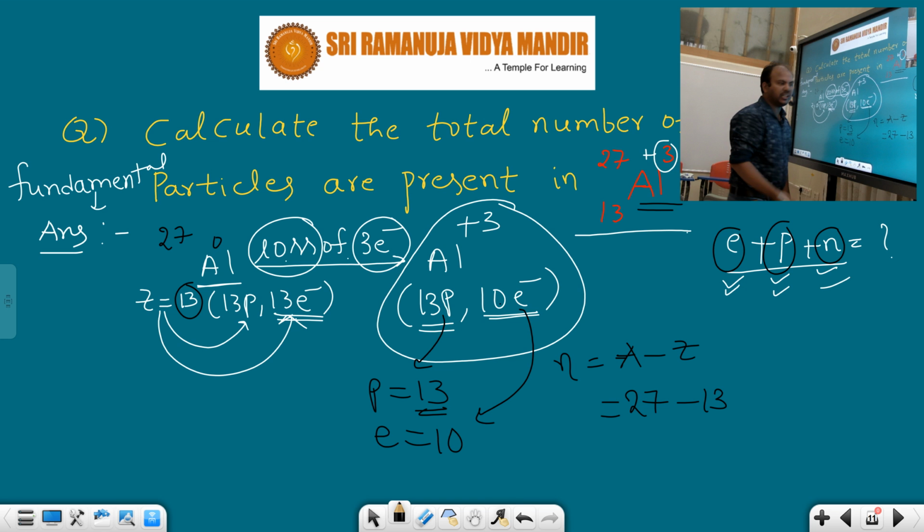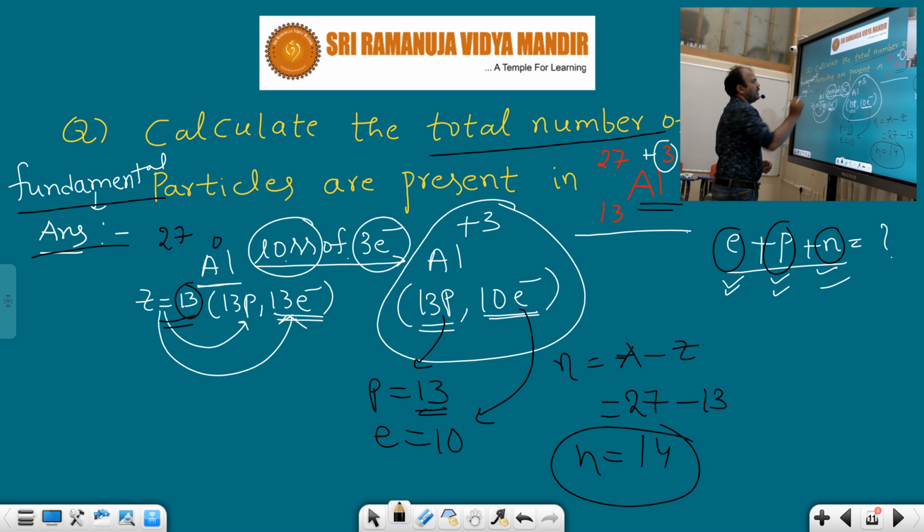So now we know the neutron number. But what is asked in the question? Calculate the total number of fundamental particles. Total number of fundamental particles means electron number, proton number as well as neutron number. Here electron number how much? 10. Proton number how much? 13. As well as neutron number how much? 14. How much value does it become? 37 particles.